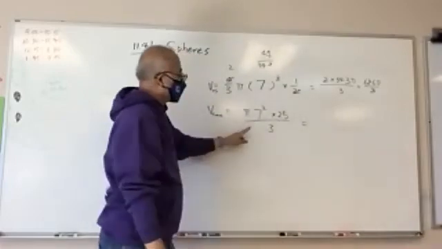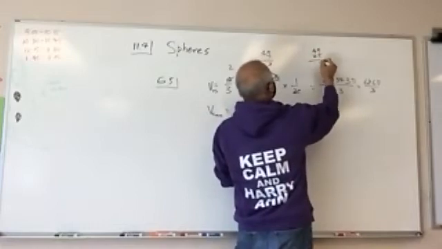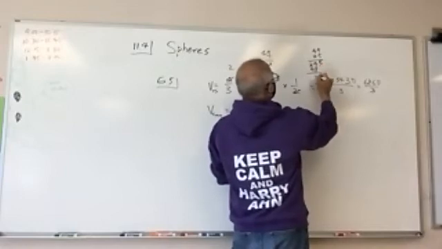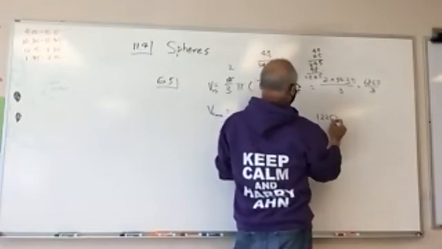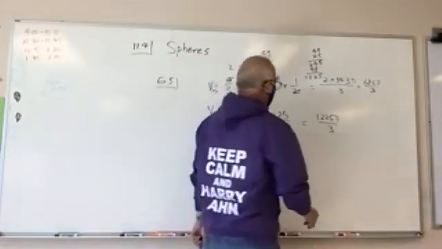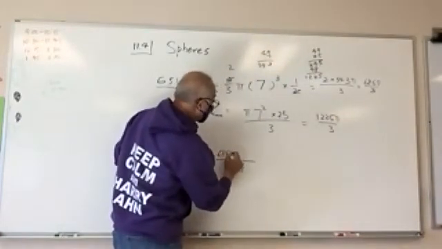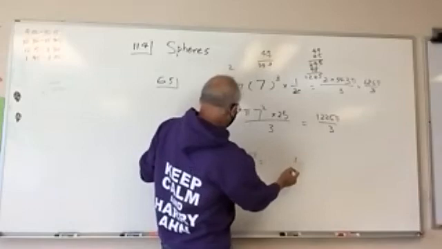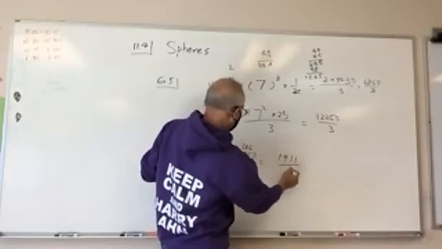Over here we get 49 times 25, which is 1225 pi divided by 3. If I add those two together, I get what? 686 pi plus 1225 pi over 3, which is 1911 pi over 3.